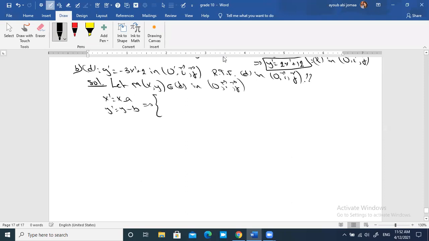This means that x prime equals x minus the x of O prime.